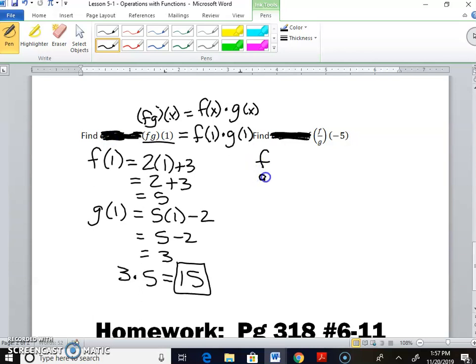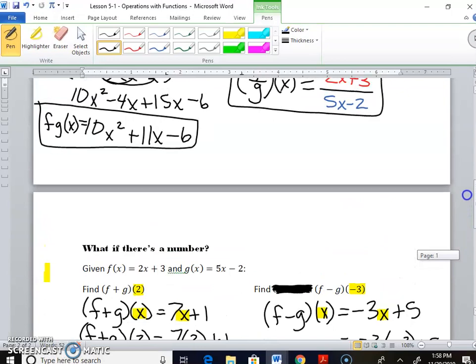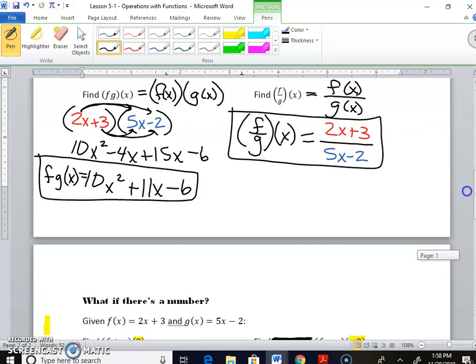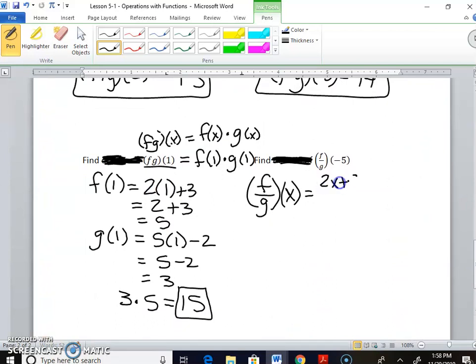Well, recall f divided by g of x was 2x plus 3 over 5x minus 2.